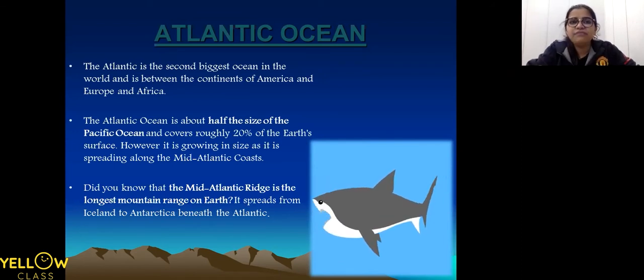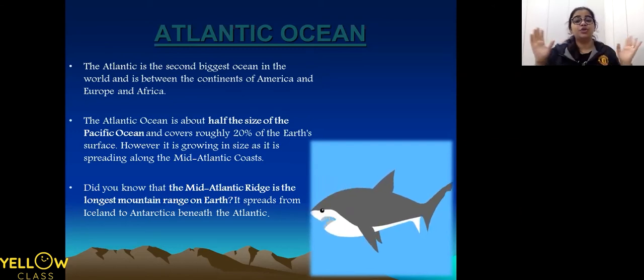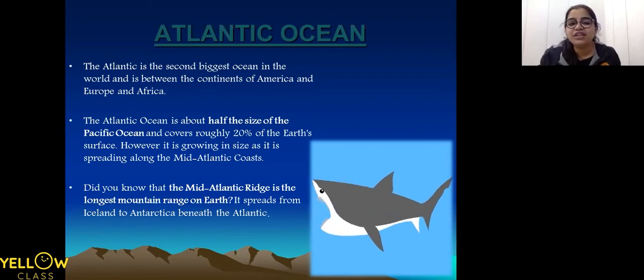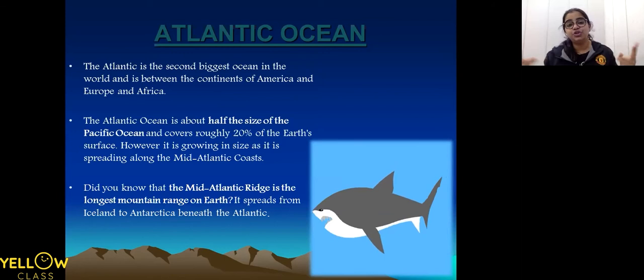Now, about the size, the Atlantic Ocean is only half the size of the Pacific Ocean and covers approximately 20% of the Earth's surface. So, kids, if you see 30% Pacific Ocean, 20% Atlantic Ocean, 50% of the Earth's surface is covered by only these two oceans.